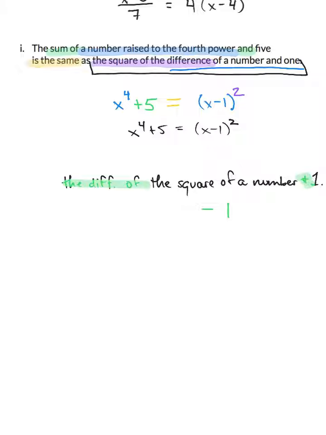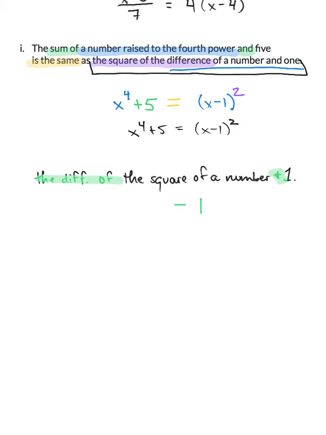I also have the square of a number. And so when I see the square of a number here, this is going to be x squared minus 1. So the difference is that I don't have the parentheses on this one. Hopefully that makes a little bit more sense on this one.